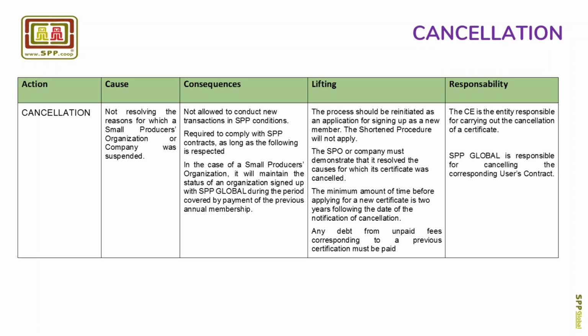In the case of cancellation, the cause is not resolving the reasons for which a small producers organization or company was suspended. It means that when a stakeholder receives a suspension, they will have to proceed to conduct the corrective action.